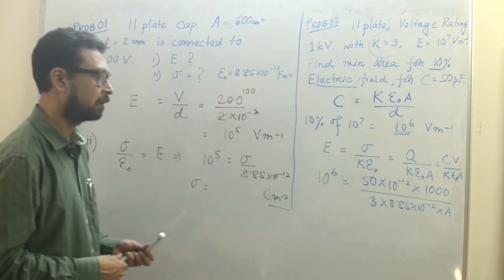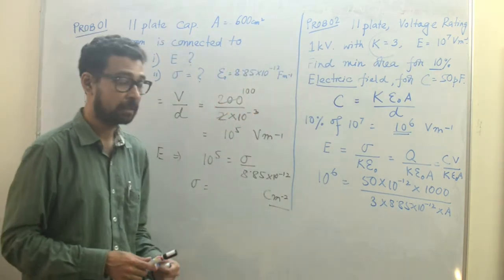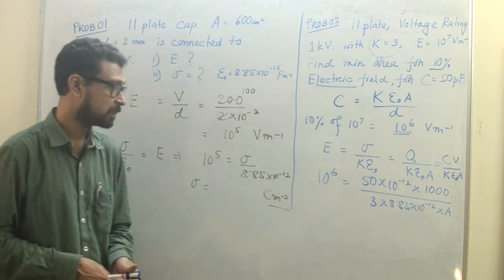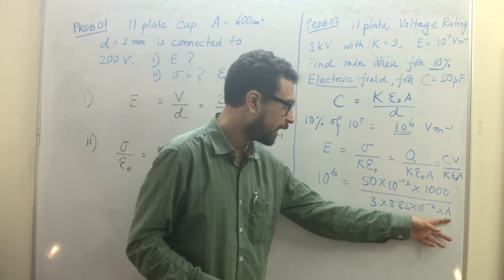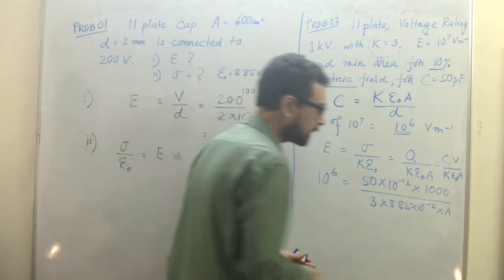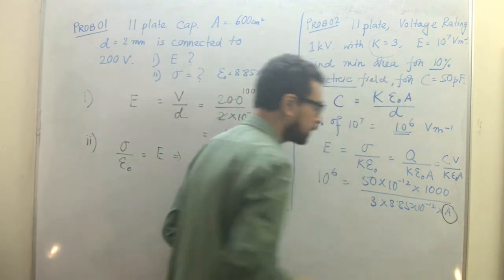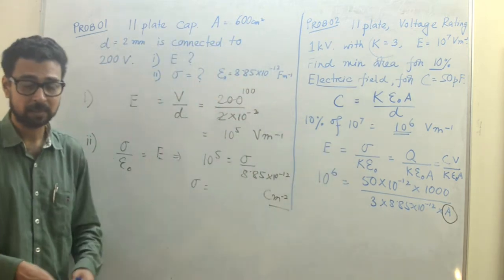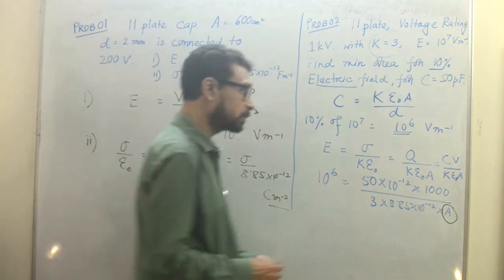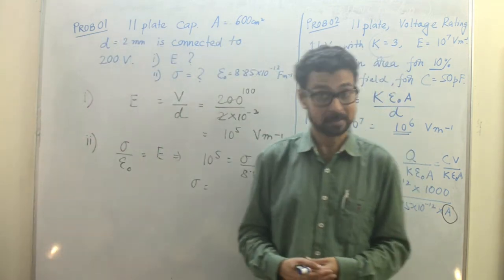And I think, my dear students, you can easily calculate the value of A from this expression, because everything is known here. Only A is unknown for us, which we can easily calculate, and this is your part to do, find the answer. Do send me the answer in our WhatsApp AccentUs group.